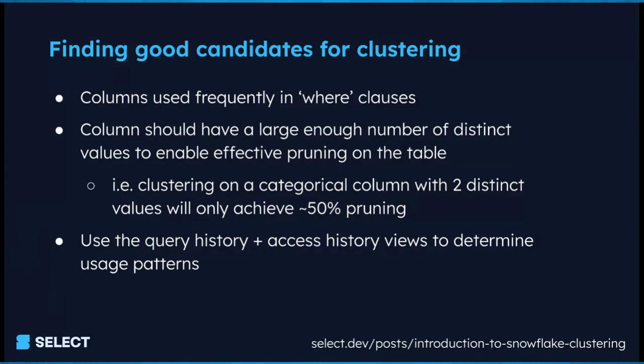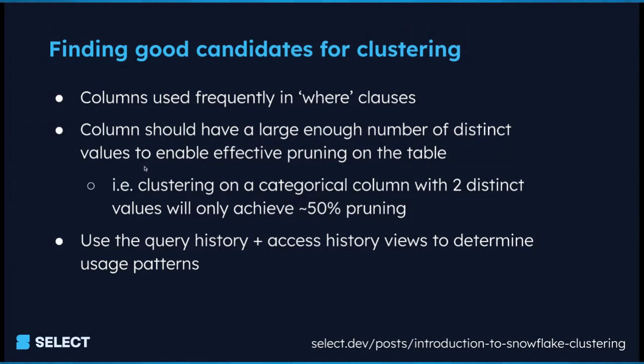Part two is you need to pick columns that have a large enough number of distinct values to enable pruning on the table. Let's say your customer base was in North America, primarily three countries.